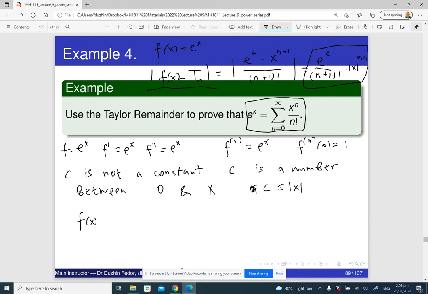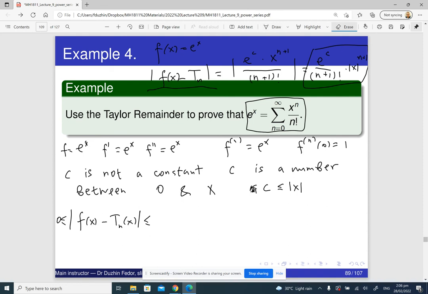the absolute value of f of x minus Tn of x, well, of course, it is bigger than or equal to 0, and it's going to be less than or equal to, now I'm going to copy this, replacing e to the c with e to the absolute value of x, right?